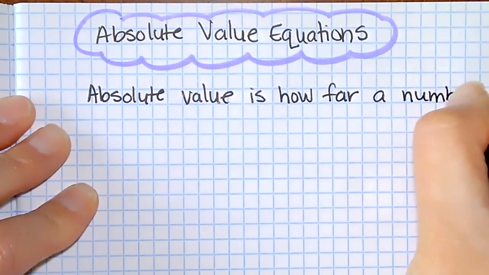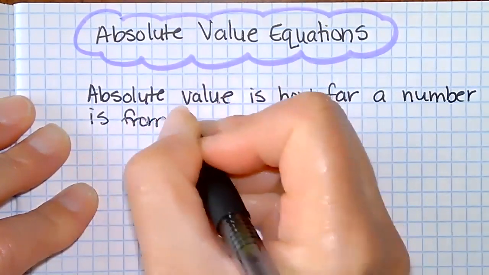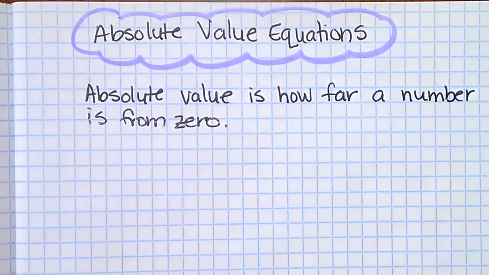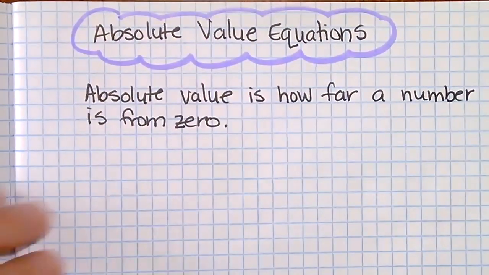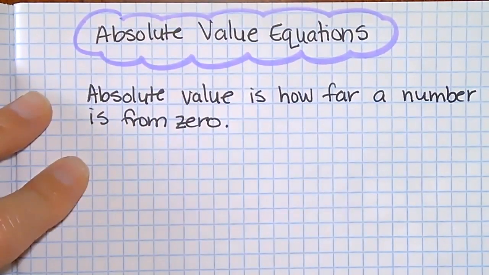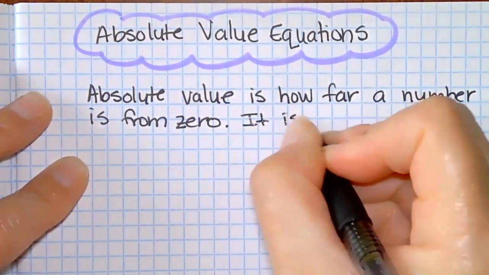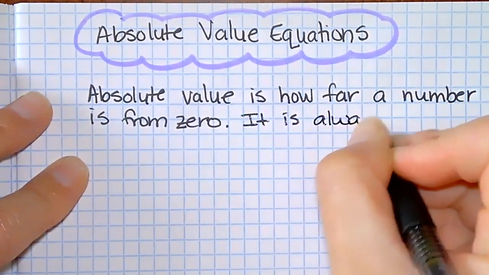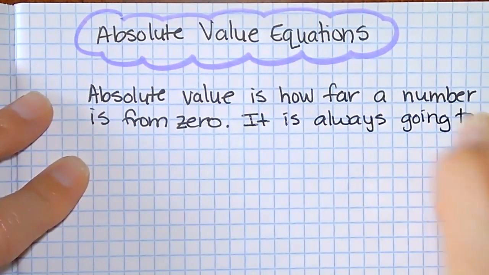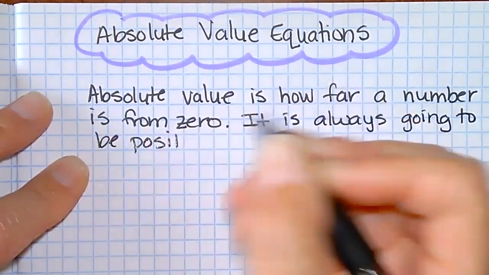It is always going to be a positive number, because it's distance. It's how far you are, again, from zero.